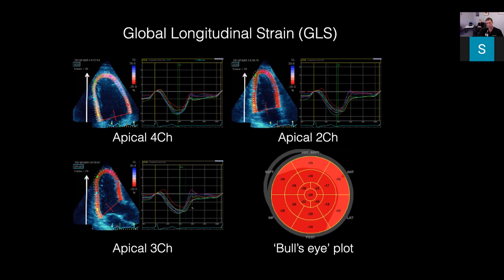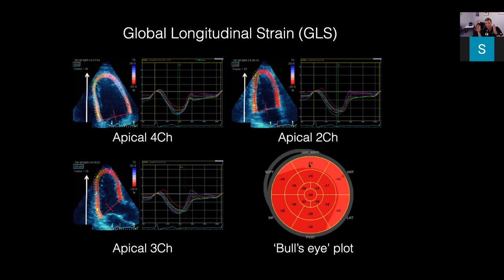And it says that red is normal contraction, which for the left ventricle is more than minus 17%. So if it's minus 17% or more, it's dark red. If it's starting to get closer to white, it's getting less and less deformation, so less and less strain, so less and less systolic function. So obviously 0 is no movement at all, severe systolic dysfunction.